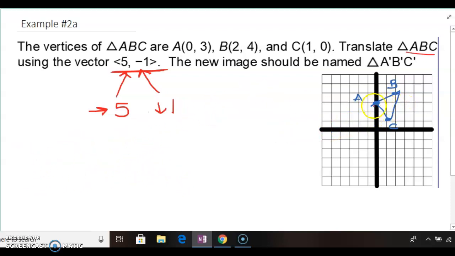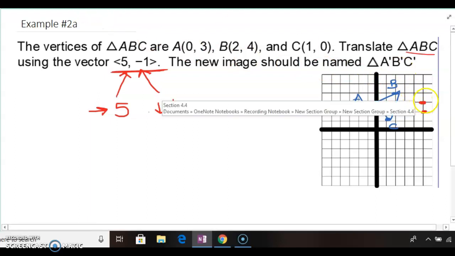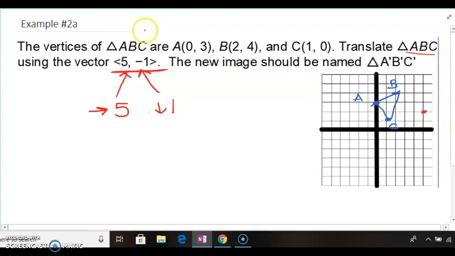So we're moving every point right 5 and down 1. So if I take A, I'm going to move it 1, 2, 3, 4, right 5 and down 1. And I'm going to put A with an apostrophe. We call it A prime.